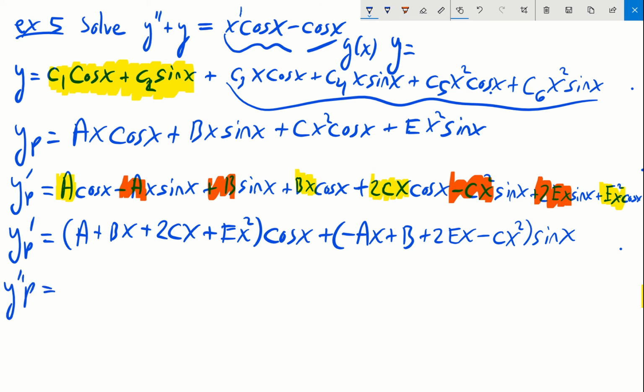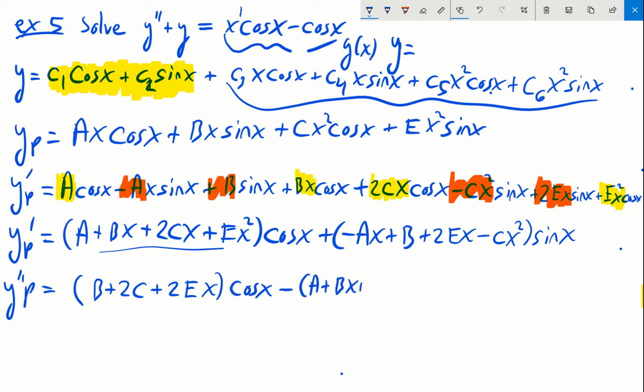this is going to be equal to, again, we got a product rule coming here, derivative of the first times the second. So it's going to be the derivative of this thing here would be b plus 2c plus 2ex. Leave the cosine alone. And then derivative of cosine is going to be negative sine. Leave the first factor alone.